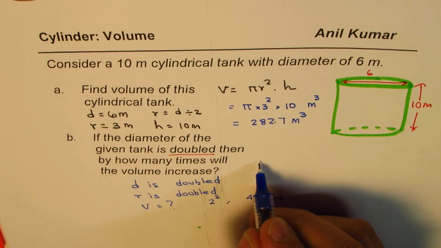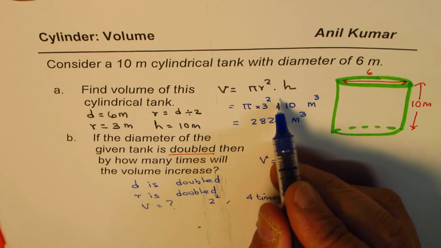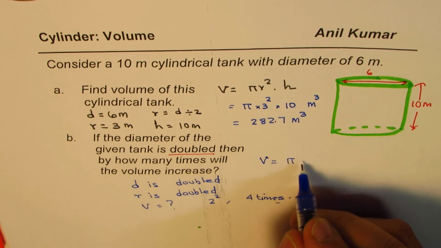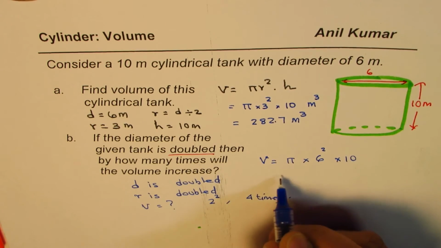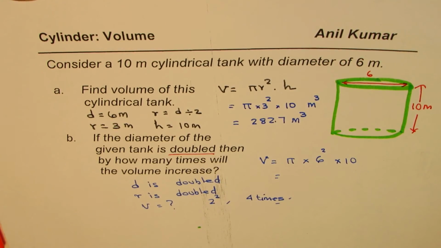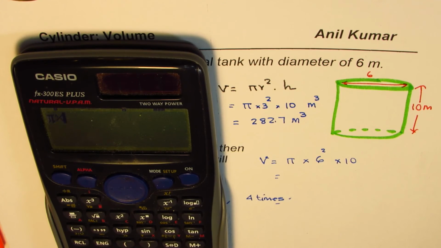Let's calculate this. Volume should be pi, now radius is doubled, instead of 3, it becomes 6. So we have pi times 6 square times 10, and what do we get?